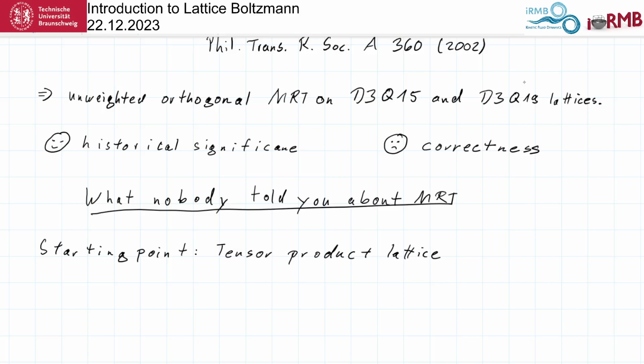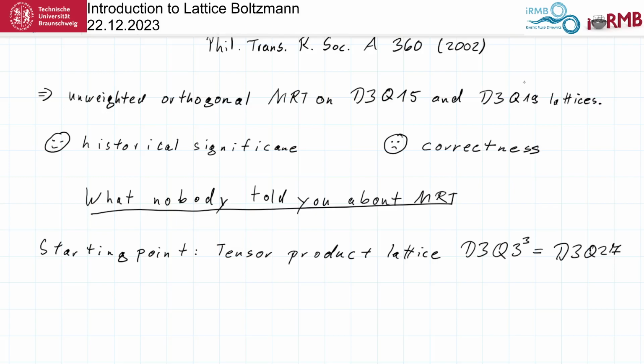Tensor product lattice means we have D3, 3 dimensions, Q tensor product 3 to the power of 3, which is D3Q27, for which there is no working Lattice Boltzmann model of the kind of the usual MRT methods.